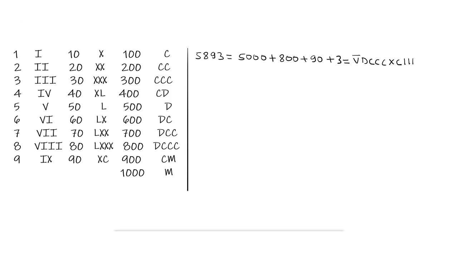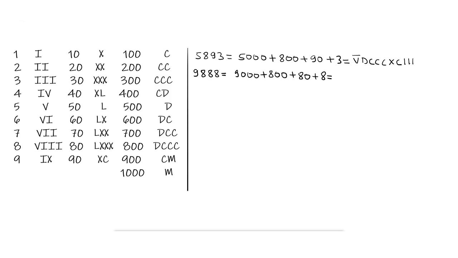9888 equals 9000 plus 800 plus 80 plus 8. 9000 is 10,000 minus 1,000.